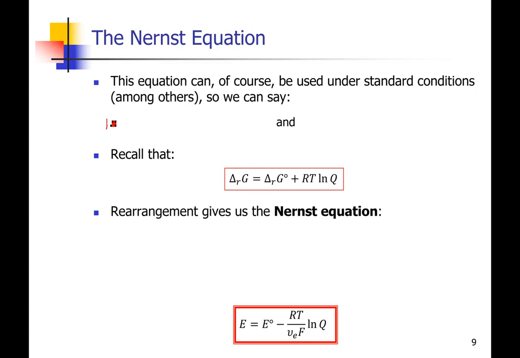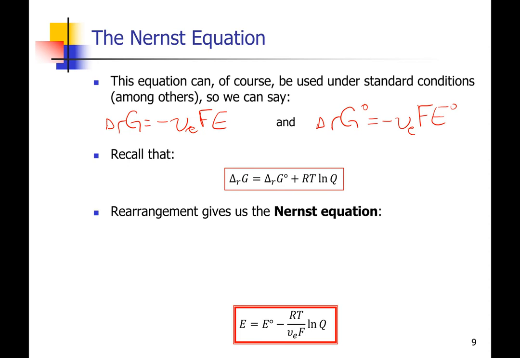So if the free energy change for a reaction is equal to negative stoichiometric coefficient times Faraday's constant times cell potential, it is therefore reasonable for us to conclude that standard free energy change for a reaction is going to equal negative stoichiometric coefficient times Faraday's constant times standard cell potential. And we recall our central equation relating standard free energy to free energy under non-standard conditions.